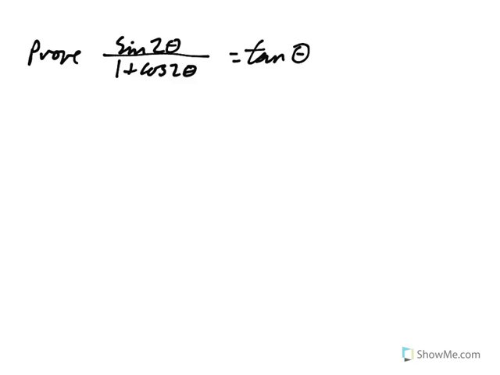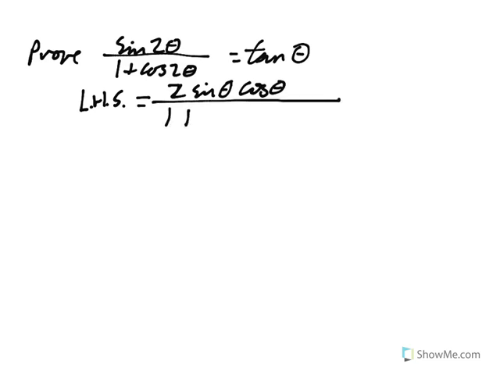So our left hand side equals sine 2 theta is 2 sine theta cos theta over 1 plus. Now because there's different versions, we've got to figure out which version we need to use for it.